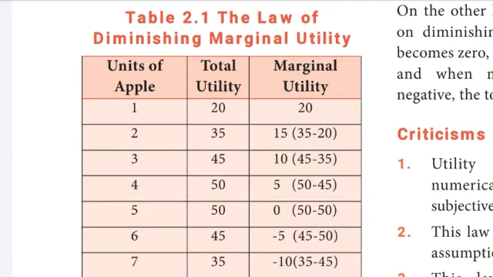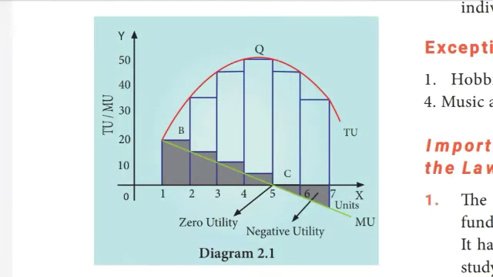When he consumes apples continuously, the marginal utility falls to 5 units for the fourth apple and becomes 0 for the fifth apple. The marginal utilities are negative for the 6th and 7th apples. Thus, when the consumer consumes a commodity continuously, the marginal utility declines, reaches 0 and then becomes negative. The total utility goes on increasing and after a certain stage begins to decline.